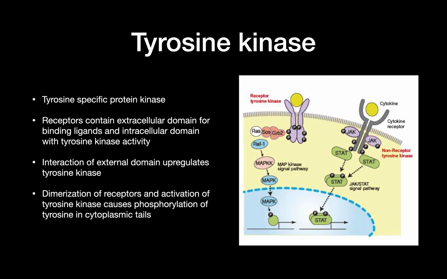Phosphorylated tyrosines are recognized by adapter proteins, and those activate other proteins when bound. The receptor tyrosine kinase is turned off by tyrosine phosphatases by dephosphorylation. As you can see by these long and lengthy pathways, these are all secondary messengers.